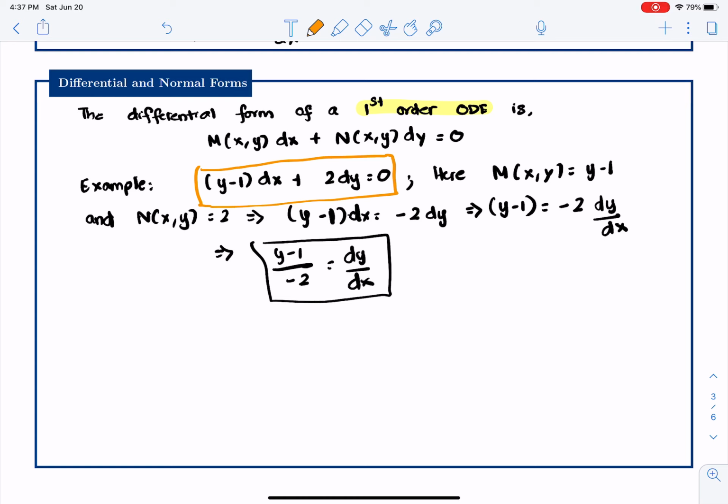So if we have a first order differential equation, then we can write it in a differential form.